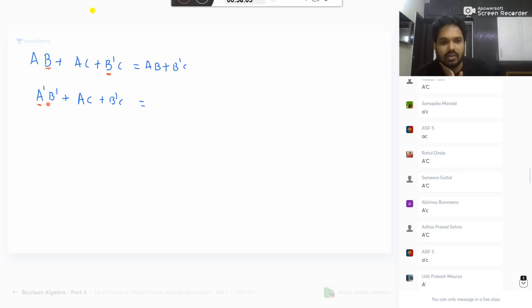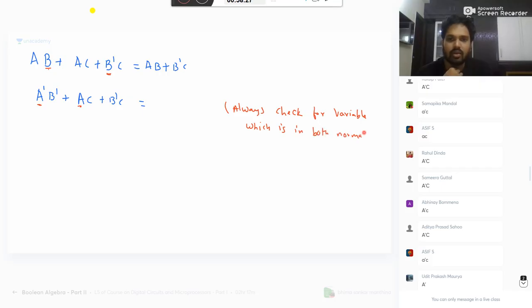So A bar and A. You should always first check for the variable which is in both normal and complementary form.